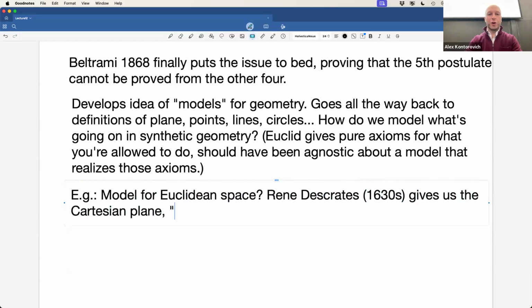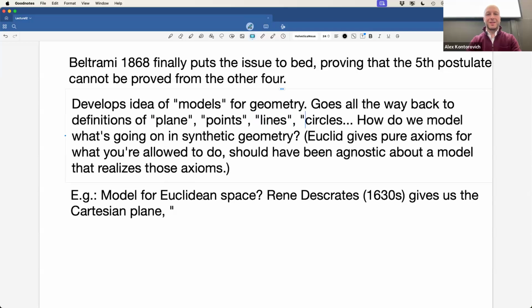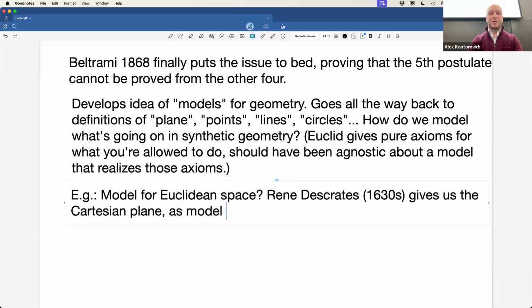And so by the words, see, really, these words should have scare quotes around them. They're undefined terms. I don't know what a point is. I don't know what a line is. I don't know what a plane is. And Descartes gives us the Cartesian plane as a model for the Euclidean plane.